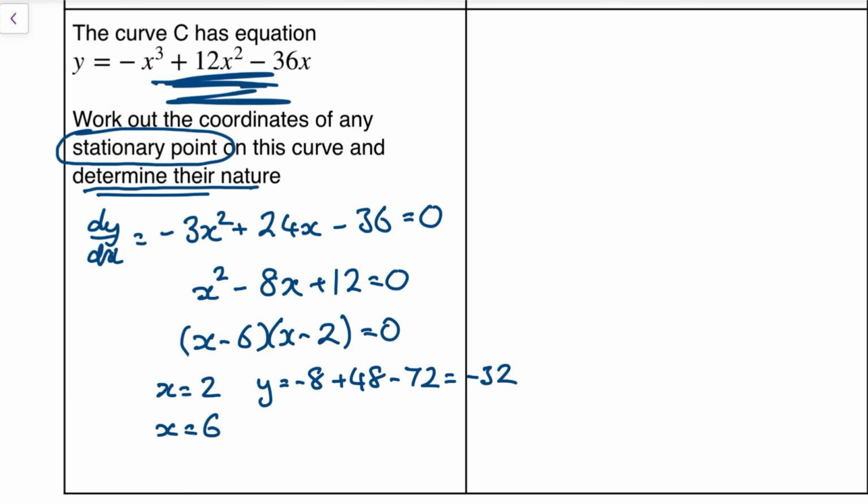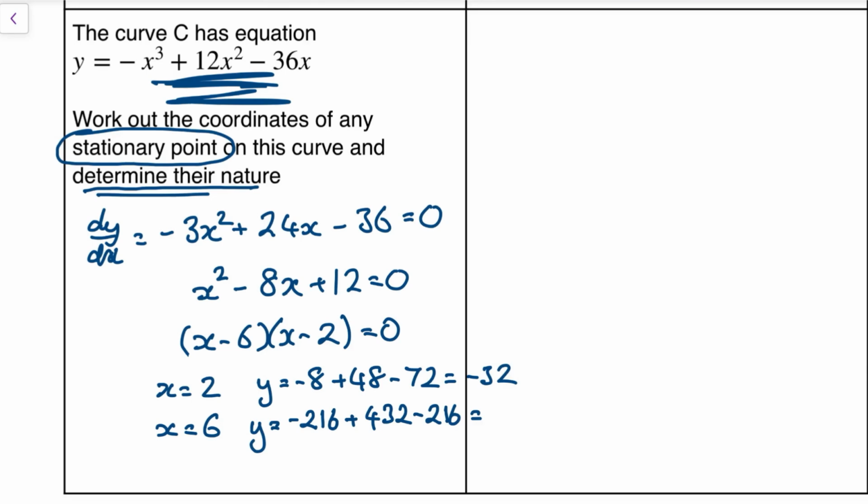So again, into this top equation. So this is going to be a little bit harder. So I might do this on my calculator so I don't, again, get it wrong. So 6 cubed is 216. So that's minus 216. Plus 12 times 36. So 12 times 36 is 432. Wow. And then minus 36 times 6, which is 216, of course it is, minus 216.